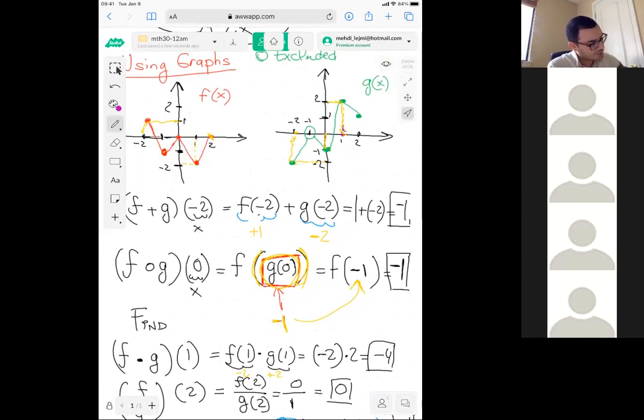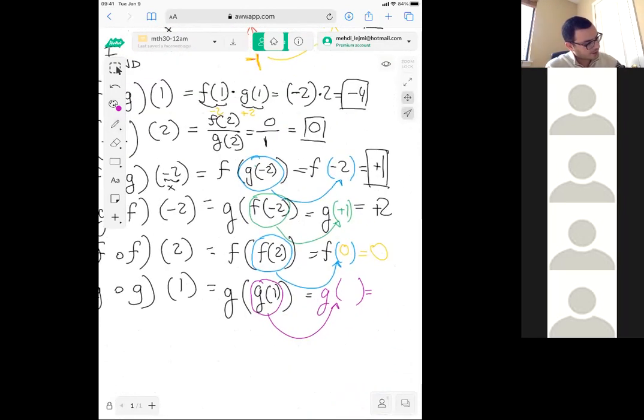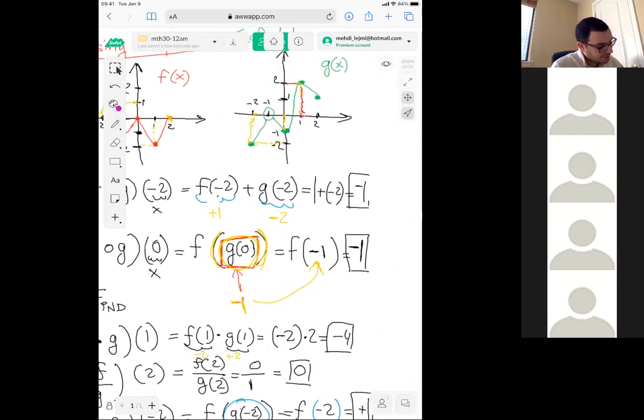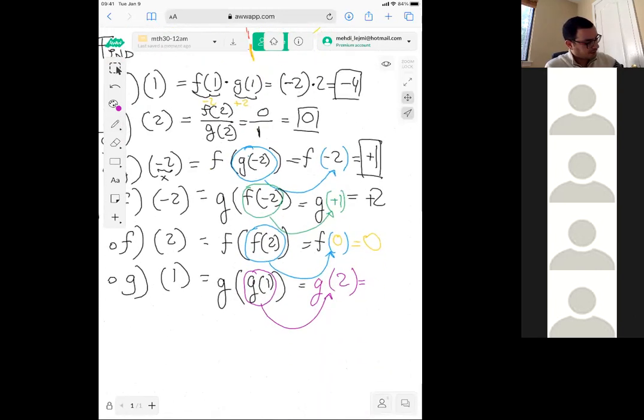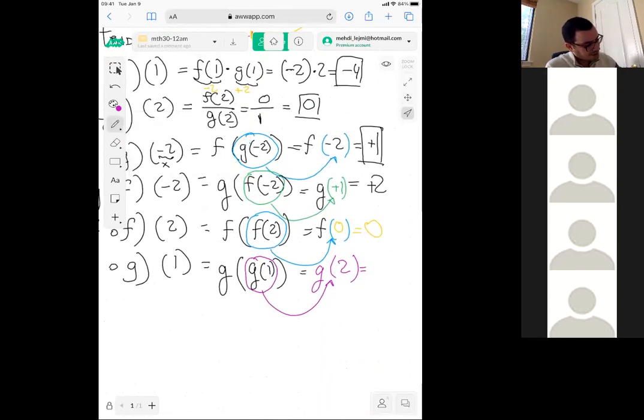And so g of 1 is 2. So between parentheses, I have 2. And now there's a g outside. So I have to find g of 2. Again, I'm going to use the graph of g. Here's 2. g of 2 would be +1, right? So the answer would be +1. So g of 2 is +1. And that would be a fine answer.